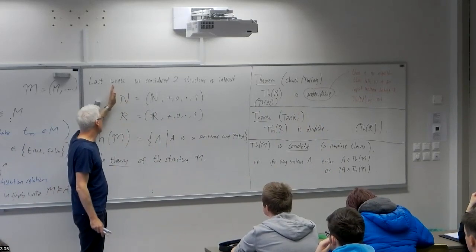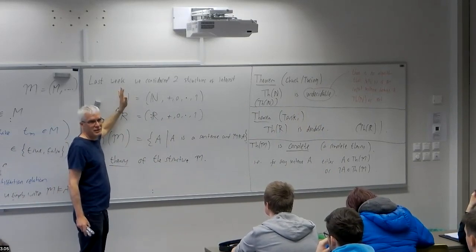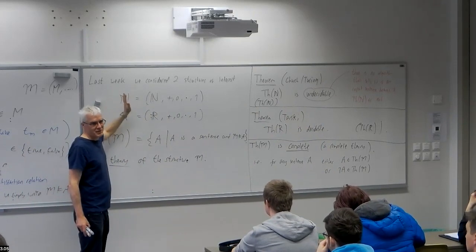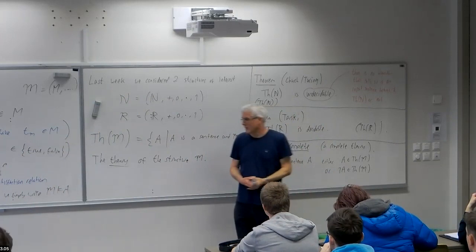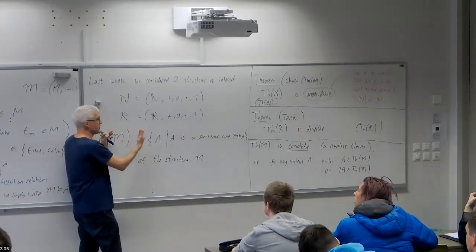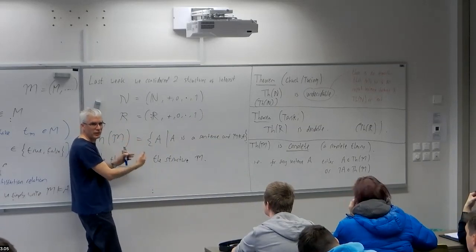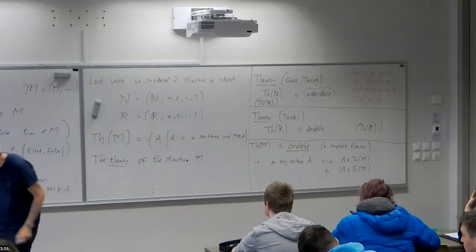Here we've been looking at theories of individual structures, but in mathematics, very often the subject of study is not the theory of an individual structure, but the theory of a collection of structures of interest.